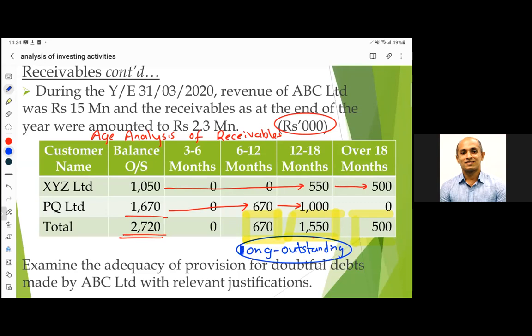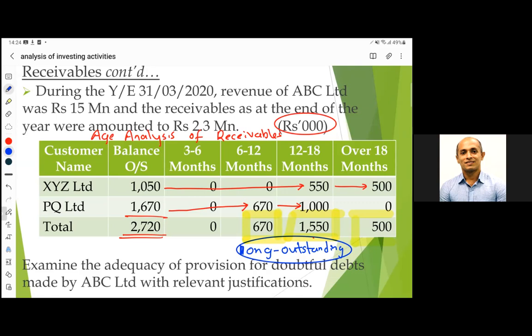These balances are unpaid over a long time period. So when this happens, the collectibility is more doubtful, more uncertain. The longer the balance is outstanding or unpaid, the collection risk is higher. Then you have to make a higher, larger provision.